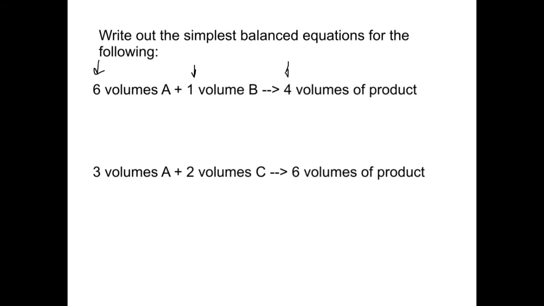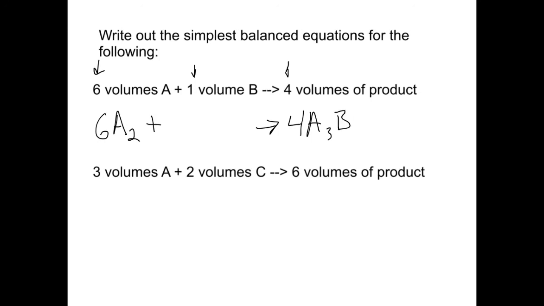Well, the least common multiple of those two numbers is 12. So if I need 6 volumes of A to give me 12 A's, then each one of those molecules has to have 2 atoms in it. And then if I need 4 volumes of product, I can have 3 in each molecule.